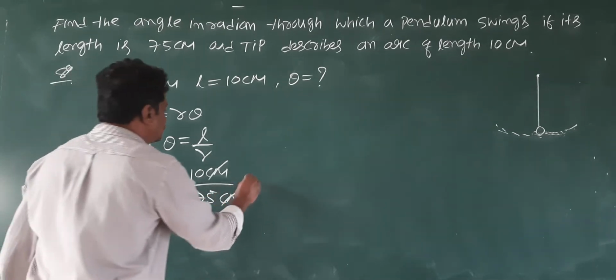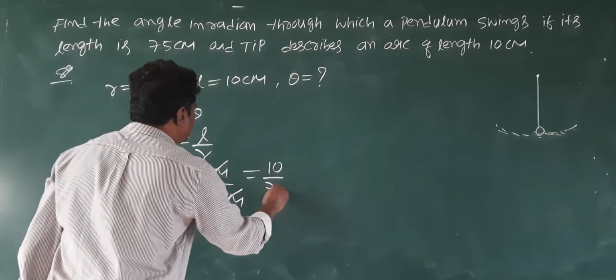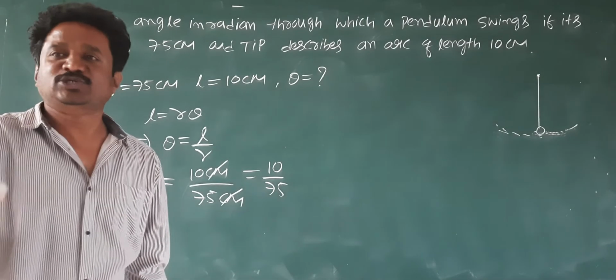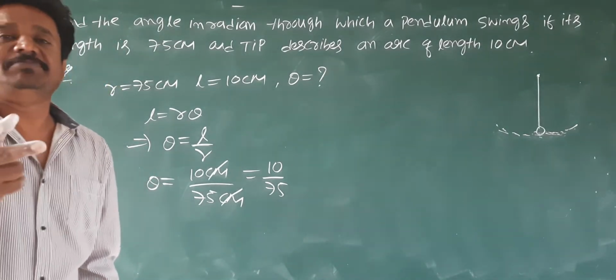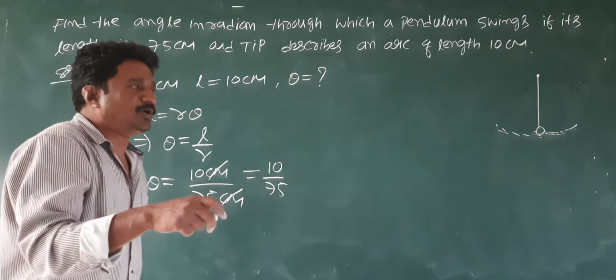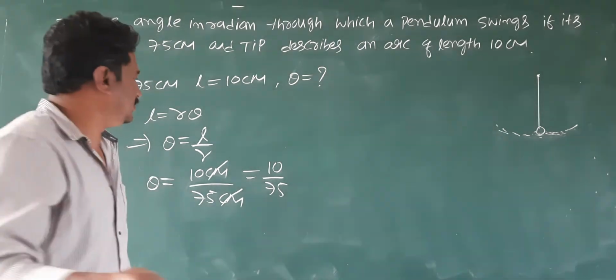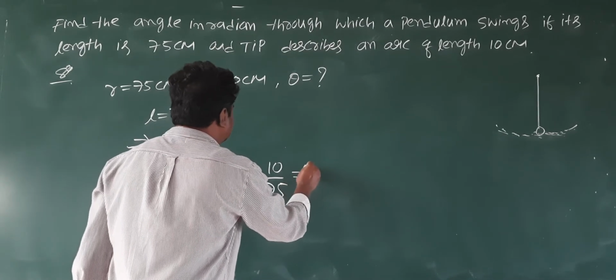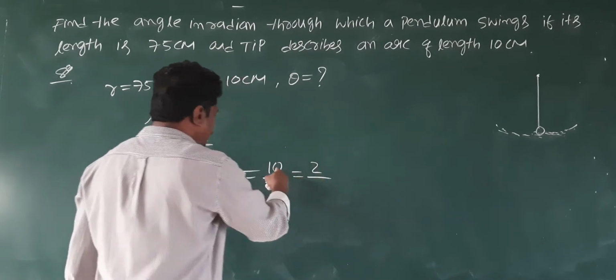The centimeters cancel. So 10 by 75, a real number. A real number means it must be in radians only. All real numbers are nothing but radians only. There is no difference between real number and radians.